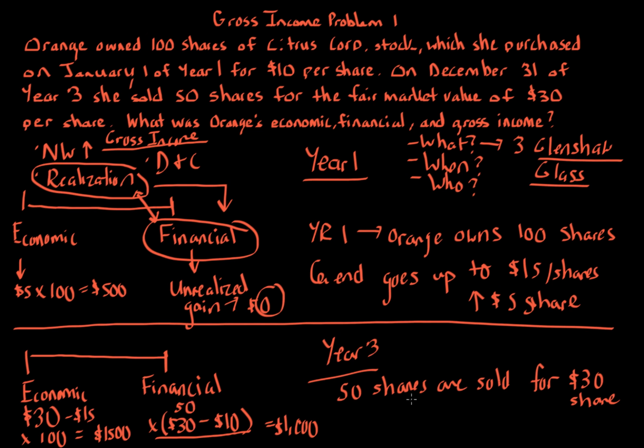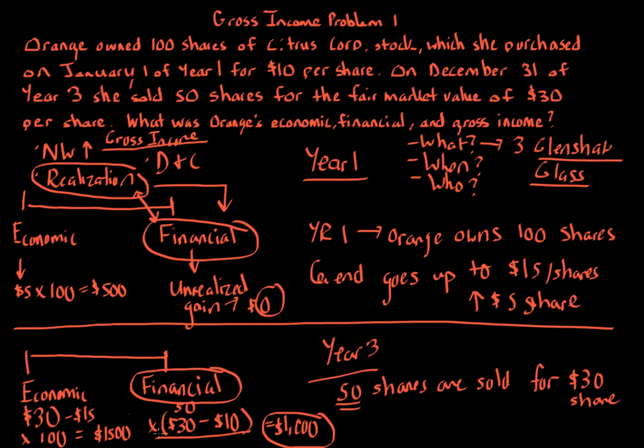And those are not yet recognized because there's no realization event, and that's the same for financial and gross income. Now, what is realization for financial and gross income differs, but that is the same income. The financial amount of 1,000 is also the same for gross income purposes, because our net worth has gone up, yes, for all the shares, but the realization event is only on the 50 shares that have been sold.